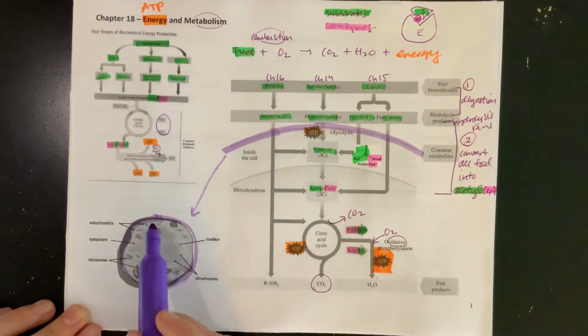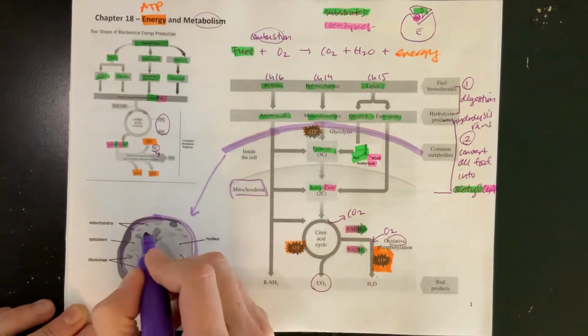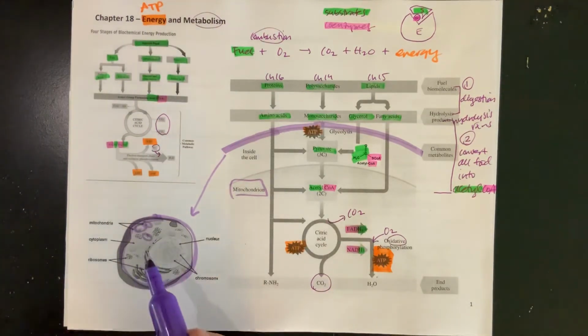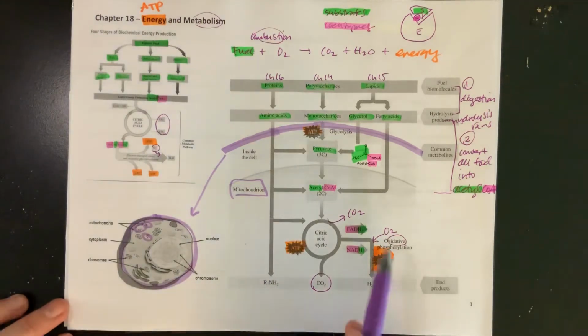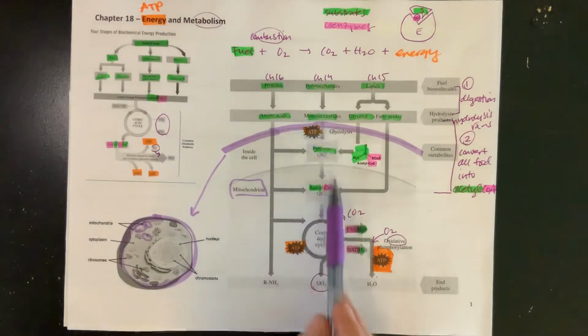We have the cytoplasm out here, and then here are these mitochondria. Mitochondria kind of look like little kidney beans. They're dark in color, so when you have dark muscles, dark meat, it's because they have a lot of mitochondria in them. And those are there to help us produce energy, so mitochondria are where we produce the bulk of our ATP. So we're inside the cell now at this point, at the end of stage 2.